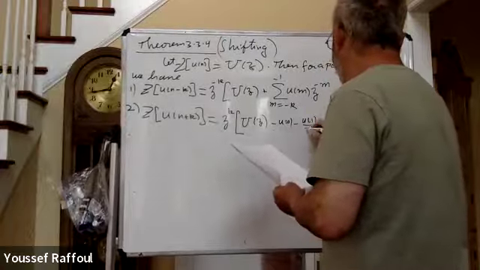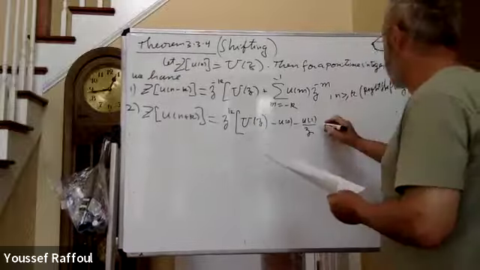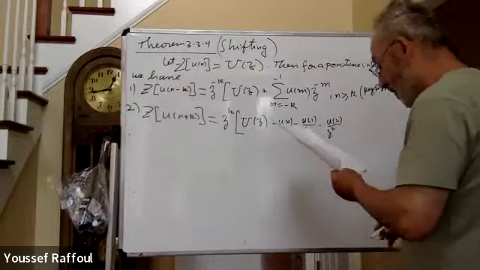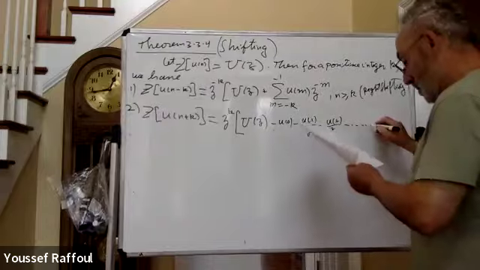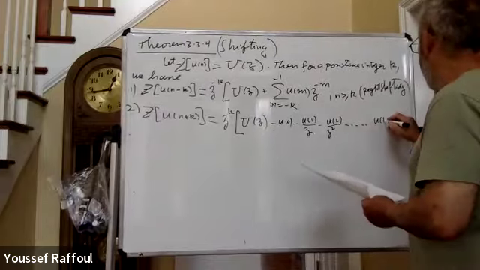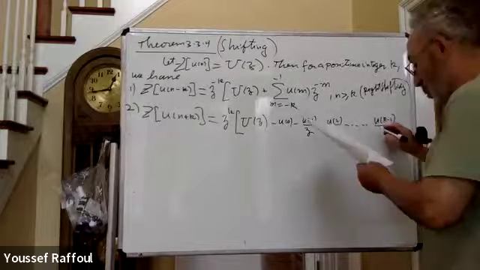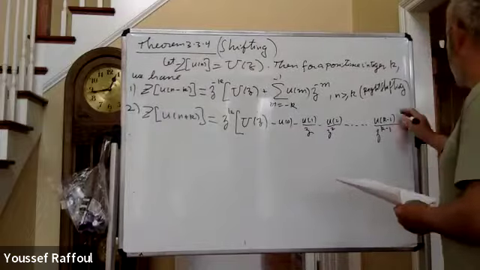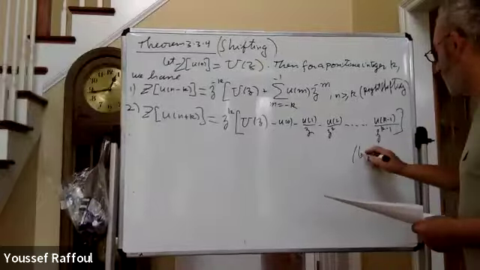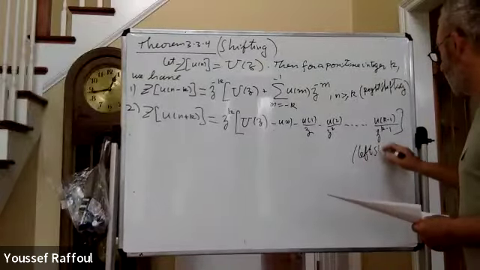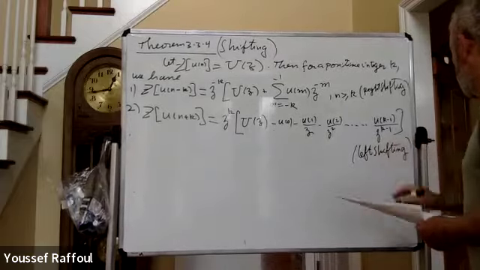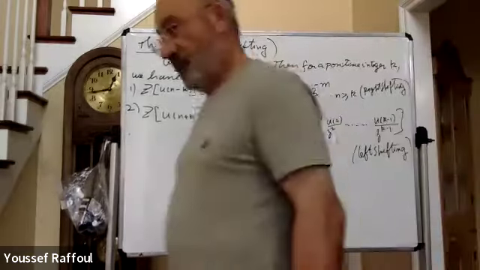Minus u_1 over z, minus u_2 over z squared, minus, and then u_(k-1) over z^(k-1). So that is left shifting. Okay?